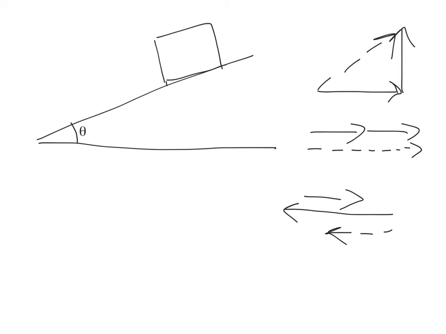If we draw free body diagrams, we've got a force like this, which we call Fg. And we also have a normal force. But what we need to remember here is that the normal force is always perpendicular to the surface. And perpendicular means 90 degrees.